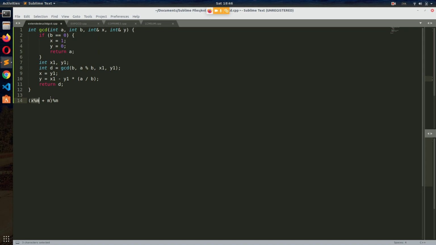So when you add m to it, it would result in a positive value, and if you do a modulo m over it, it would result in the same value. In case it is a positive value, adding m gives a value in the range m to 2m minus 1, and then a modulo m would give a value which is 0 to m minus 1 again. Did everyone get this?